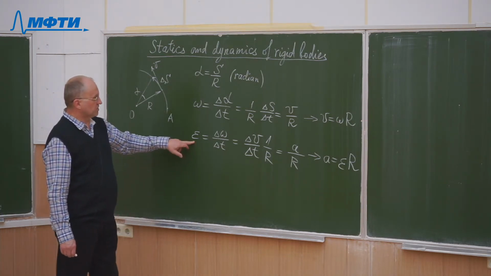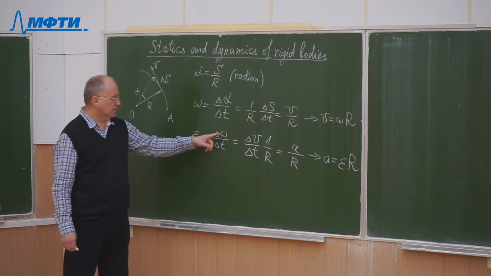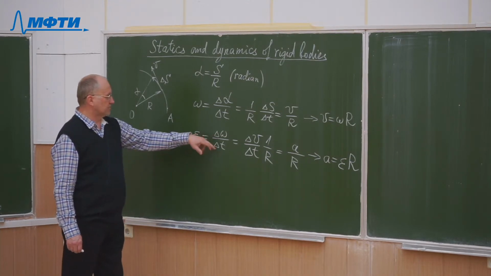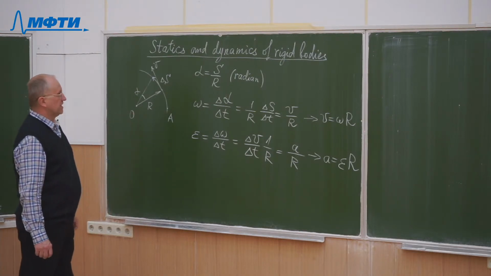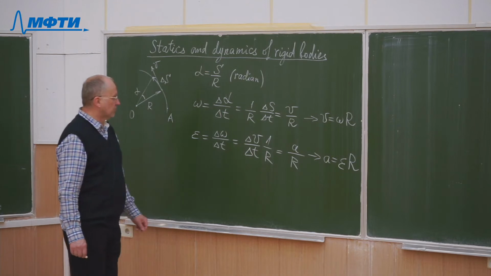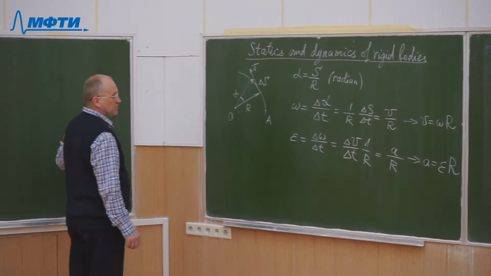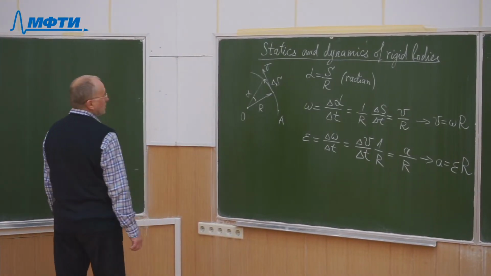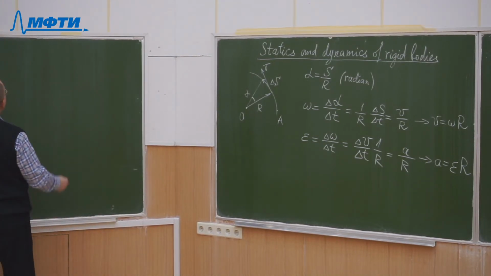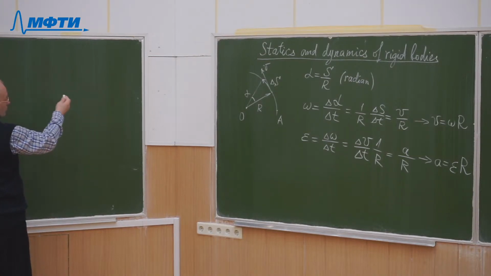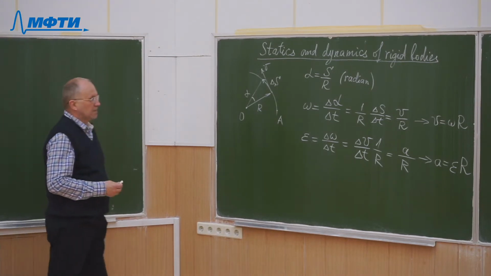Linear acceleration equals the rate of change of linear velocity, or linear speed, and here we have the rate of change of angular velocity. As the definitions are the same, most of the formulas are the same. I will show some of these formulas, which look absolutely equivalent: formulas for circular motion look like the formulas for linear motion.